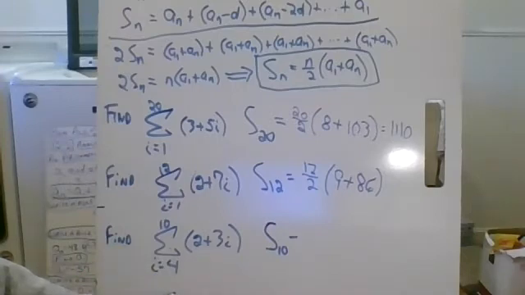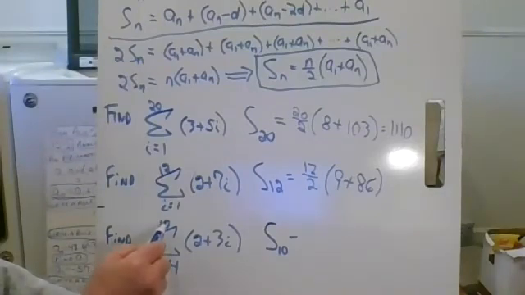Going from 1 to 3, not 4, not 6. Which ones are you missing? 1, 2, and 3. You're adding from n equals 4 to 10.